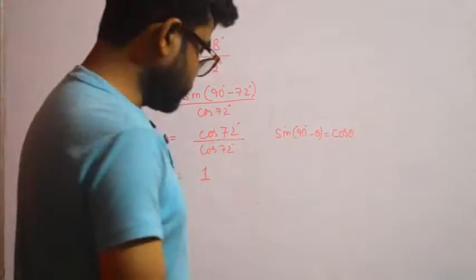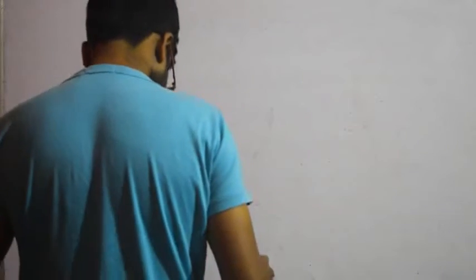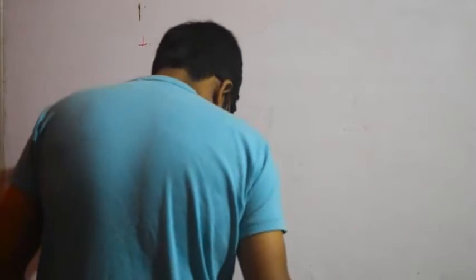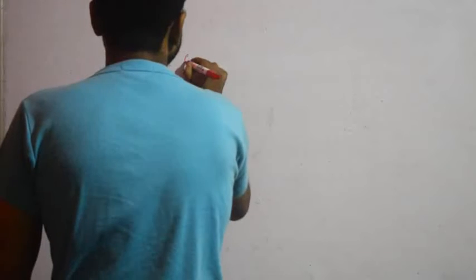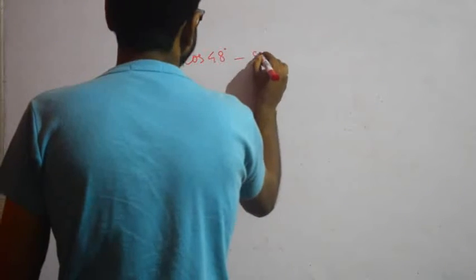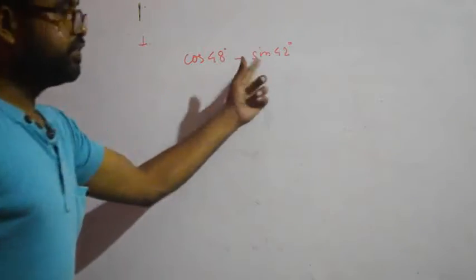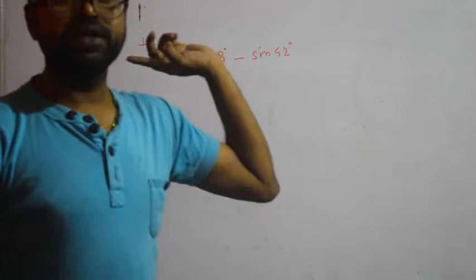Now, I will take one more from exercise 8.3, question number 3. The question is cos 48 minus sine 42. If you look clearly, 48 plus 42 gives us 90.